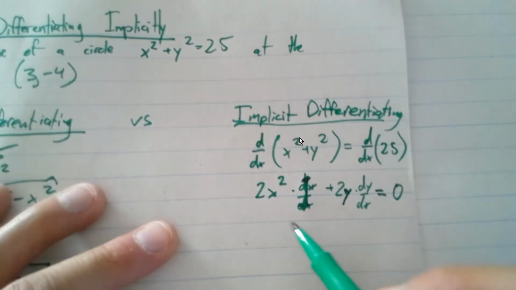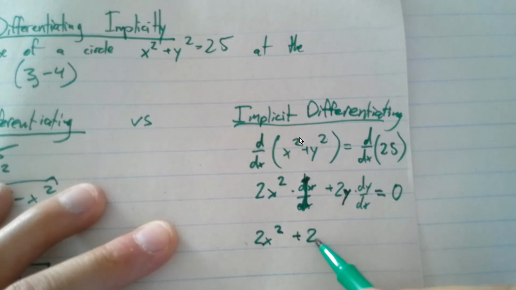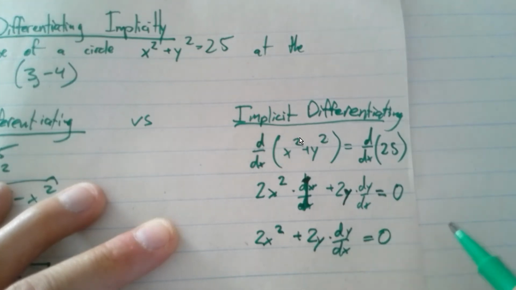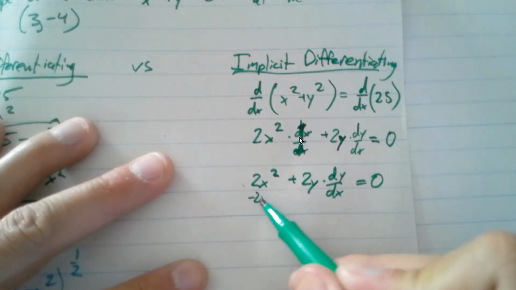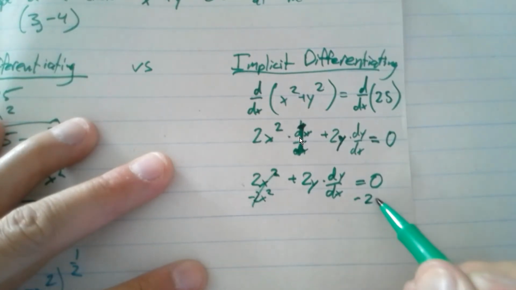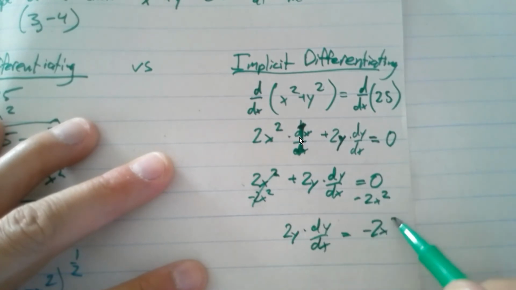Okay, so now you're left with this guy, 2x squared plus 2y times dy over dx is equal to 0. Then you simply isolate dy over dx. That's the main goal. So minus 2x squared, that's going to be 2y times dy over dx. Then you have 2x squared.